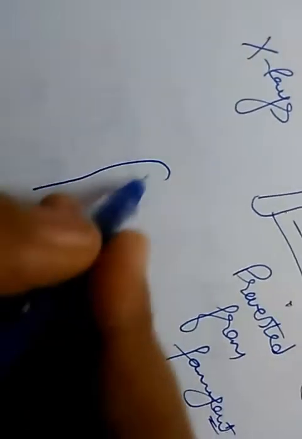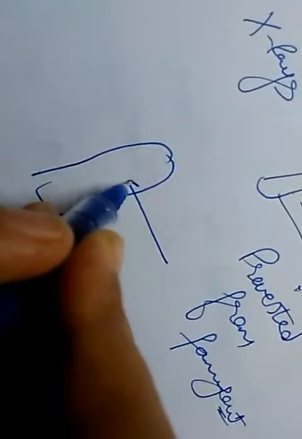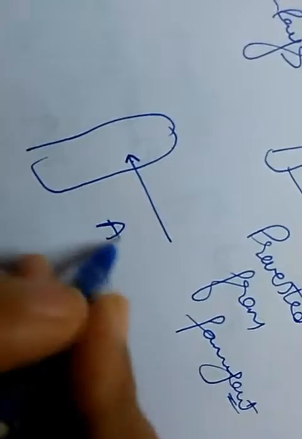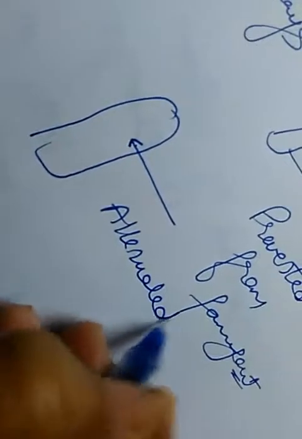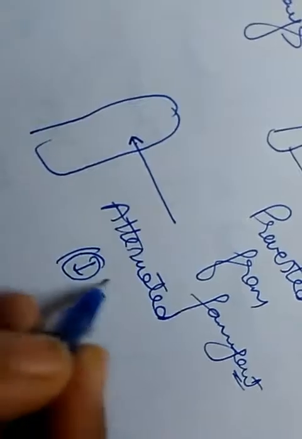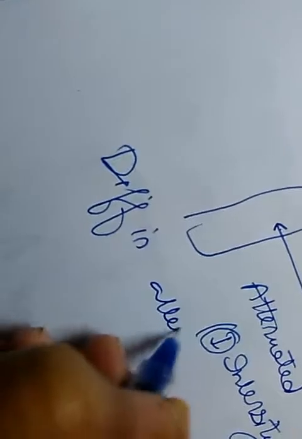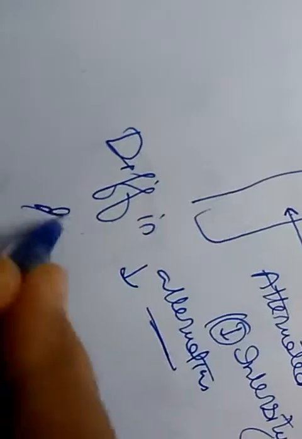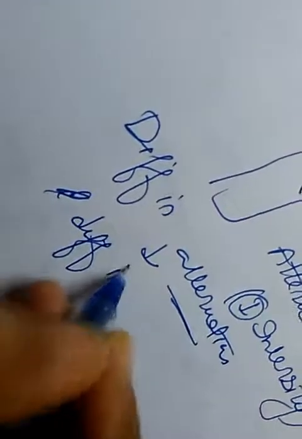Now see, suppose this is the human body, and when these X-rays pass through the human body, they are attenuated. What is the meaning of attenuated? That is, their intensity gets reduced. This difference in attenuation leads to a difference in level of exposure.